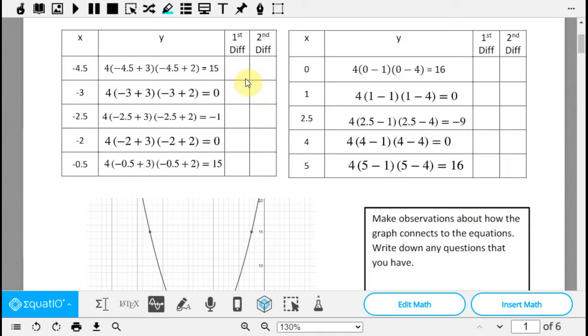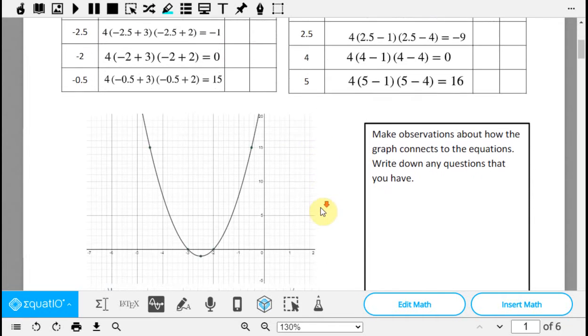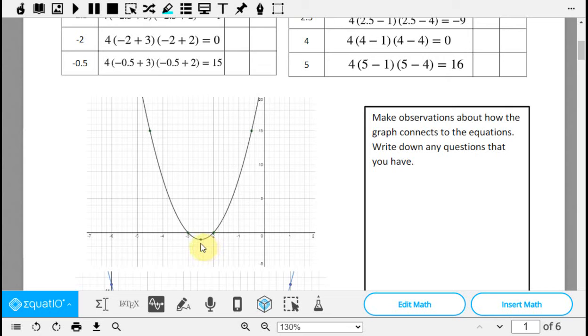So looking at the table, one thing I notice is that the values repeat themselves as I go through here. Notice the 0 and the 15 and the 0 and the 15. And this minus 1 is the vertex. So on either side of the vertex, these values repeat themselves because parabolas are symmetrical.